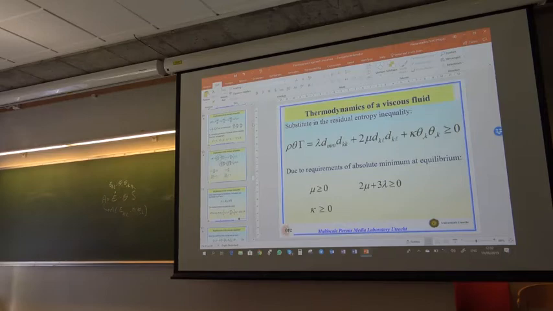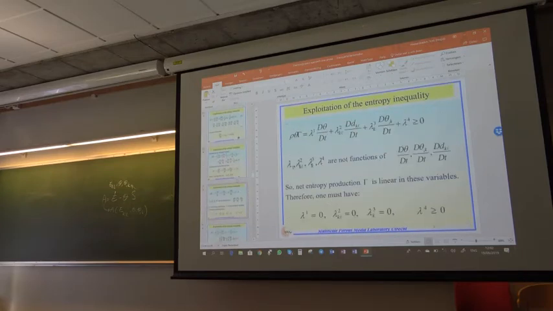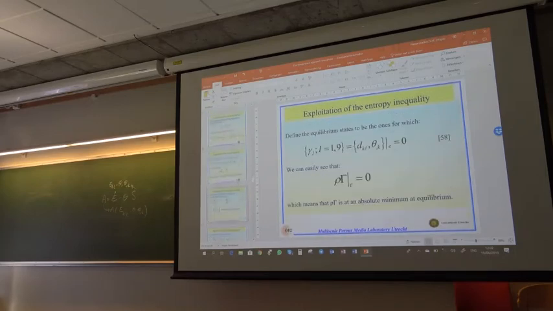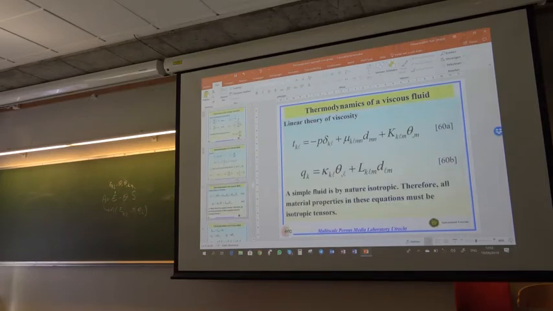Where did you want to go? I think it is further down. Was that related to fluid or solid? Fluid. Here, 57.